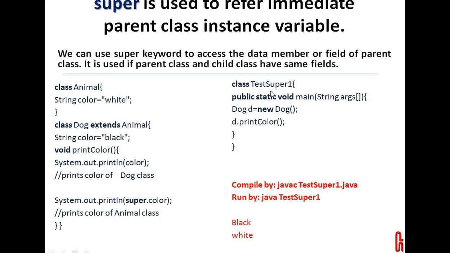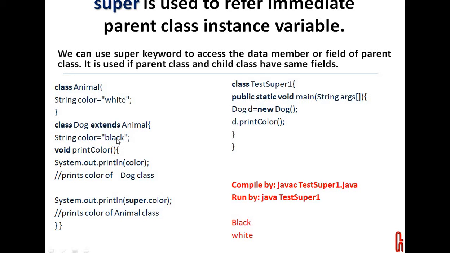In our main class, we are creating an object of our subclass Dog, and using that object name d, the printColor method is invoked. So d.printColor will invoke the printColor method of the Dog class, and that will display two colors, black and white. The black color is the local color of the Dog class.